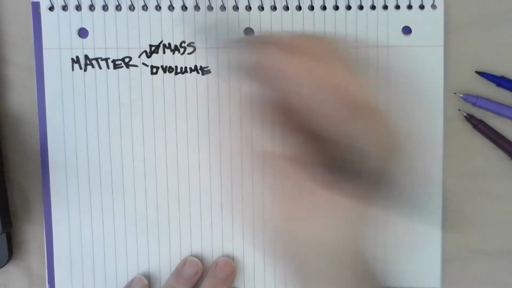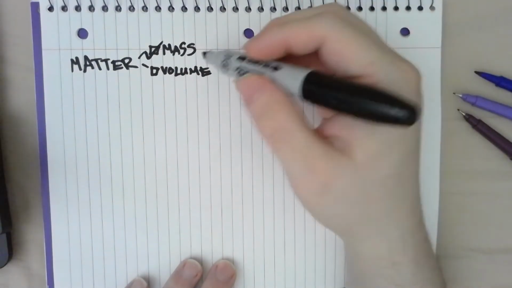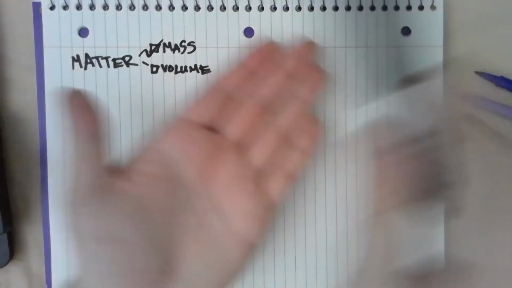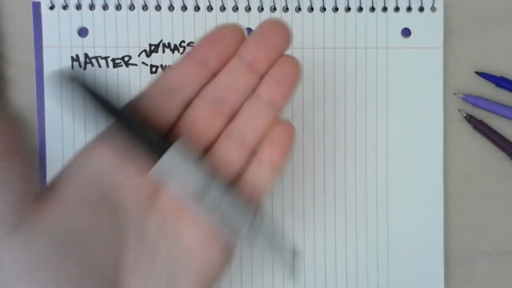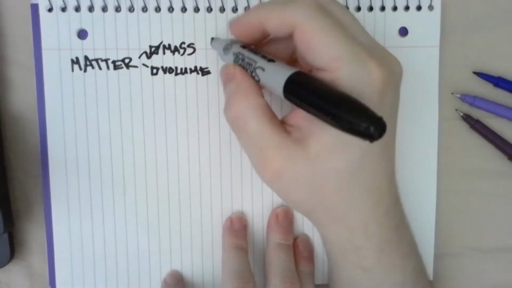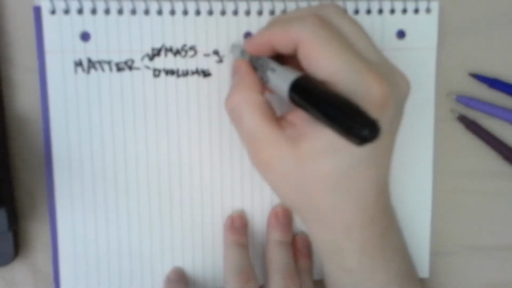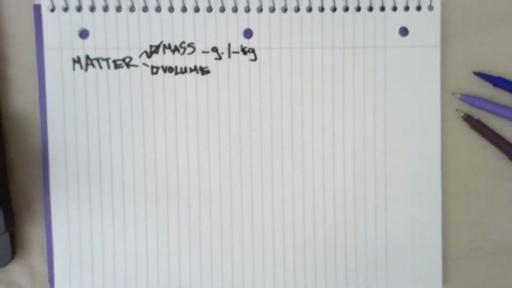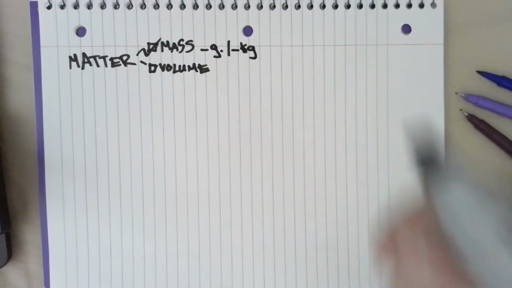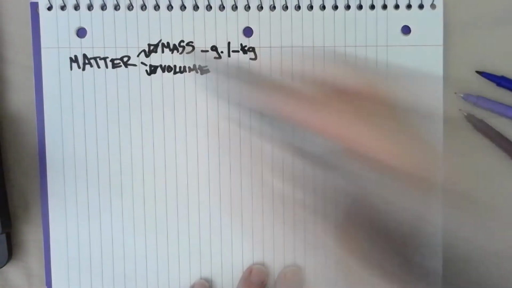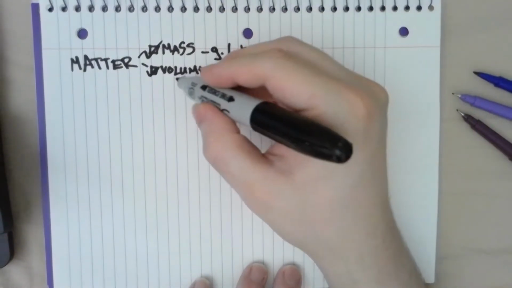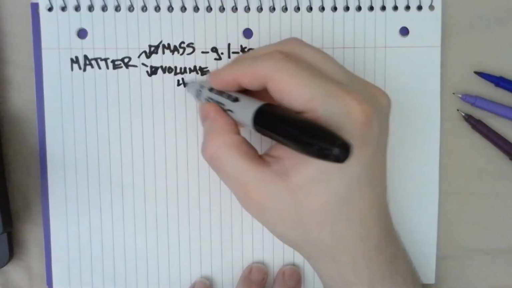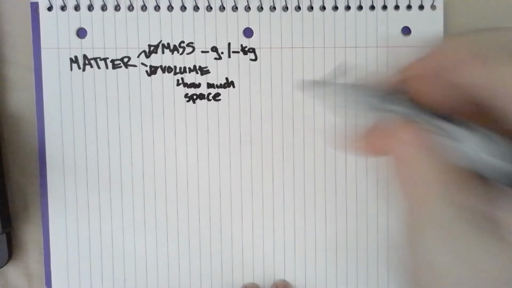It has mass, okay? You know mass if you put something on a scale and it says something grams or something kilograms. That's what mass is. Mass is the amount of matter inside of an object. And volume is how much space something takes up.